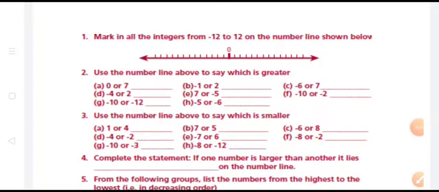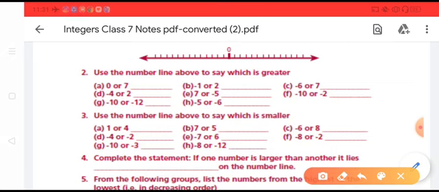Now this is the number line, and using the number line we find some greater or lower numbers. First question: mark in all the integers from -12 to +12 on the number line shown below. You know that on the right-hand side you have positive integers and on the left-hand side you have negative integers.